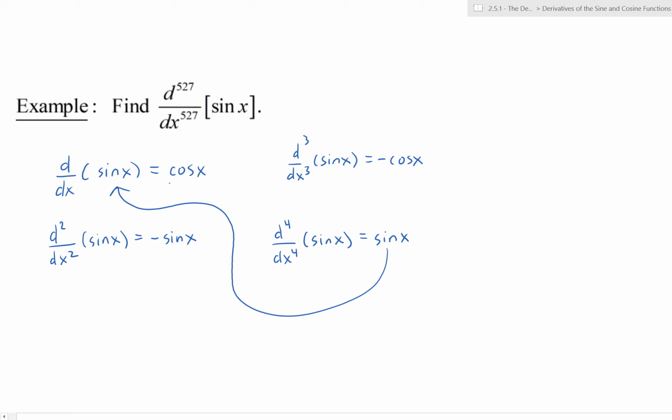So if I were to then find the fifth derivative of sine of x, it's just going to be the same as the first derivative as the sine of x. The sixth derivative of sine of x would be the same as the second derivative of sine of x.